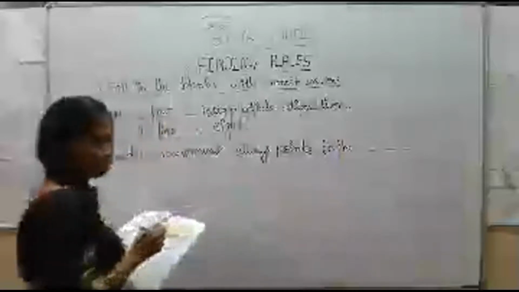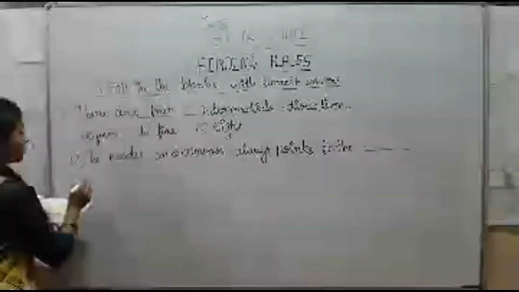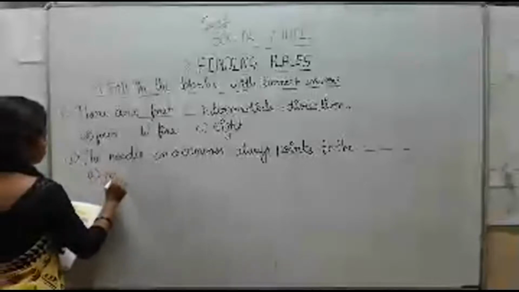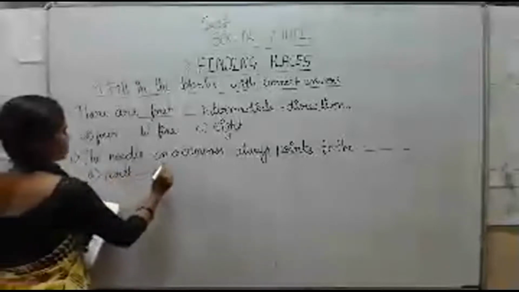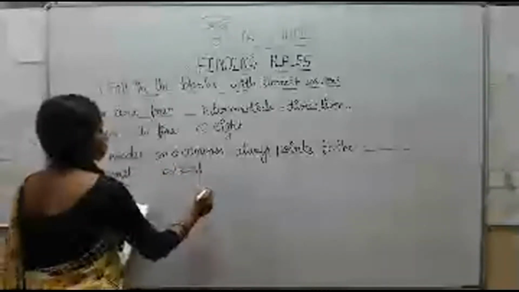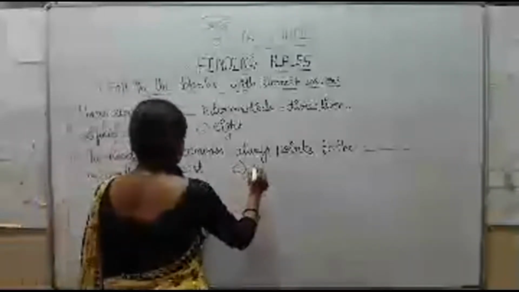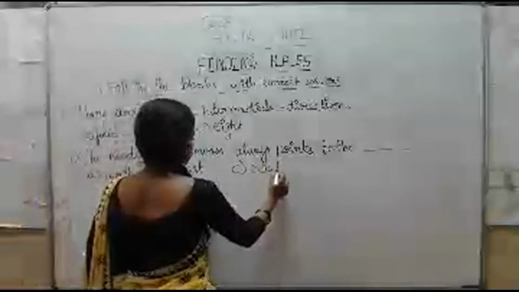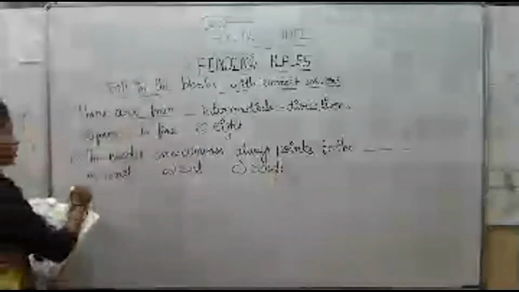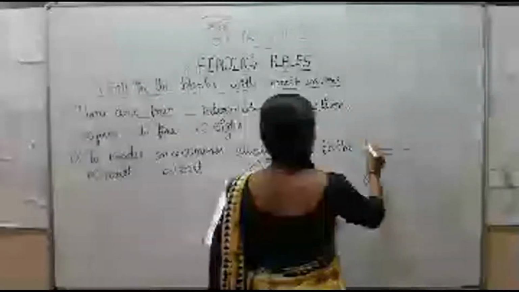So to which direction will the needle of the compass be directed? They are asking the question. So first option is north, second option is east, then the third option is south. Yes, which is the correct answer, students? It will always show the north direction. North is the right answer.